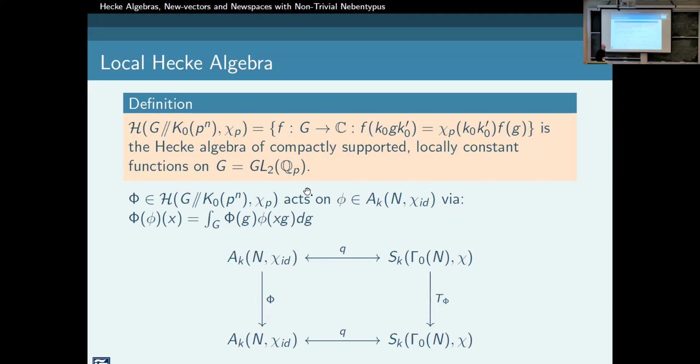And you can take the adelization and de-adelization of any form in here that you want. And if you have a function that acts, and if you have any element of the Hecke algebra, this diagram is commutative. So anything inside the Hecke algebra, you can view it as a classical Hecke operator, in fact.